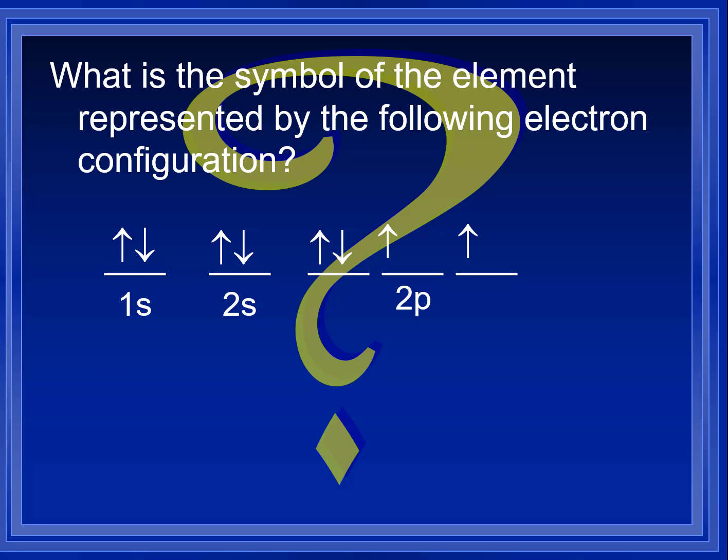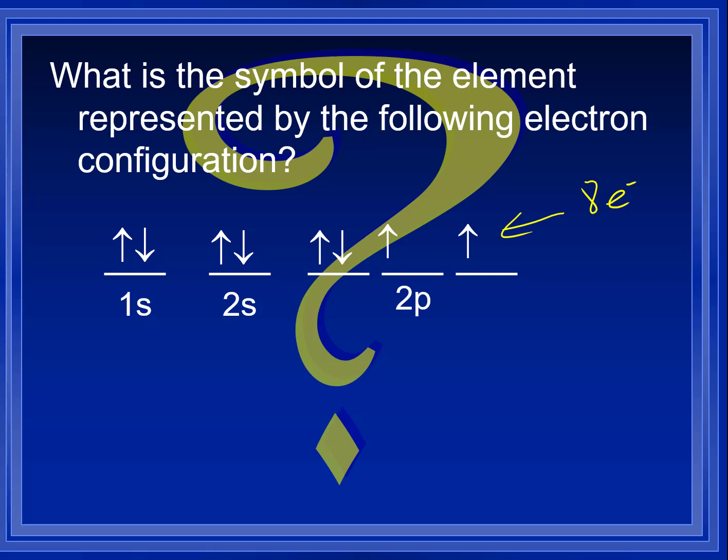What element is going to have that orbital diagram? It's actually really straightforward to do. Each arrow is an electron, right? So I see 8 electrons there. Just count.